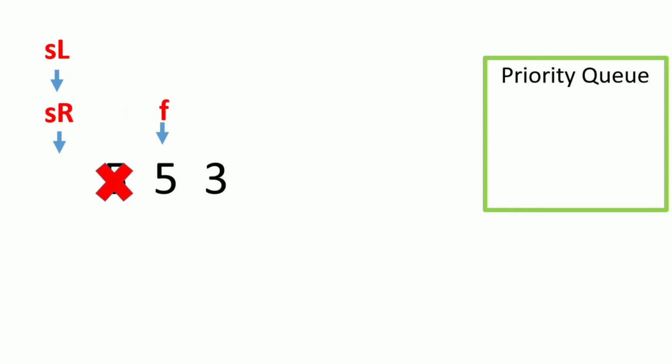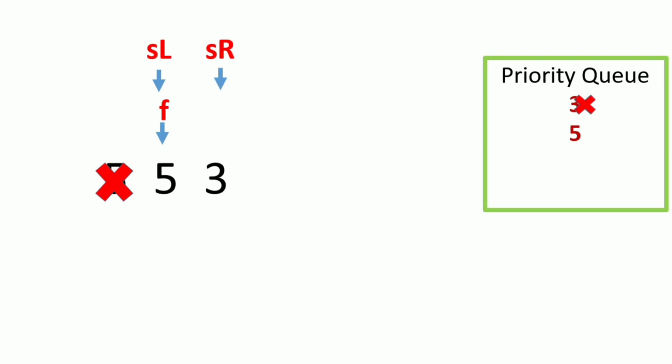So we will print and remove the first element and move the pointer f one position right. Now the third type of query appears. So we will set SL to index 1 and SR to index 2 and push these two elements into the priority queue. Now again the type 2 query appears.